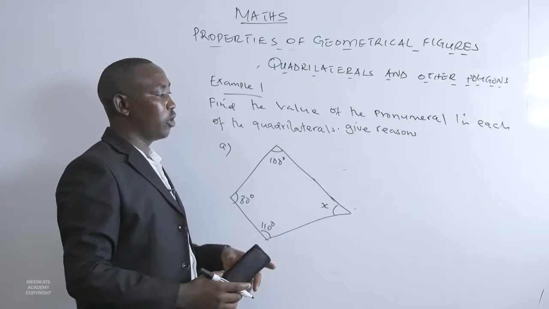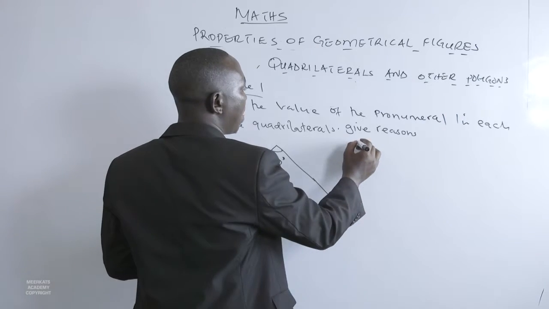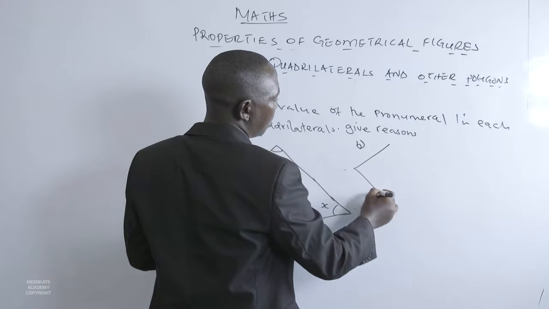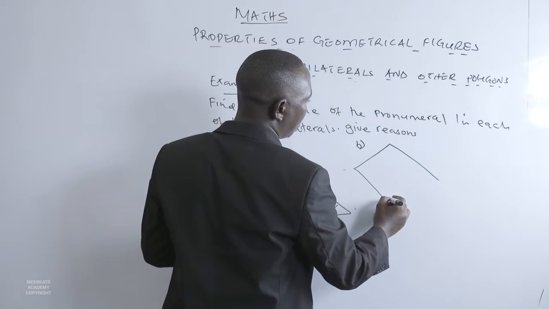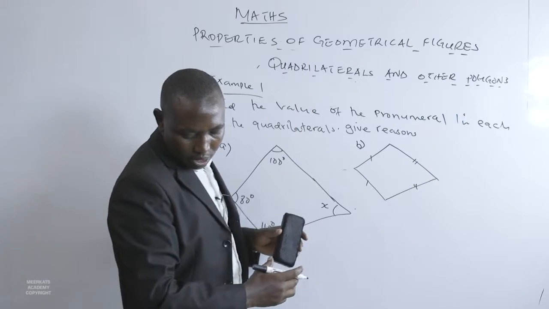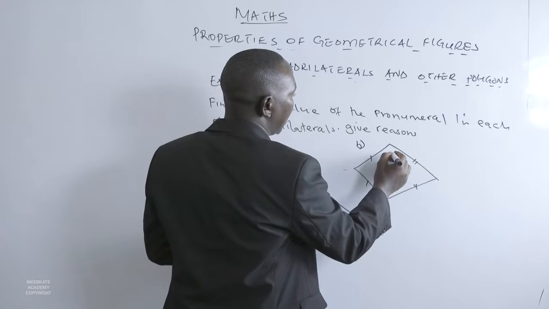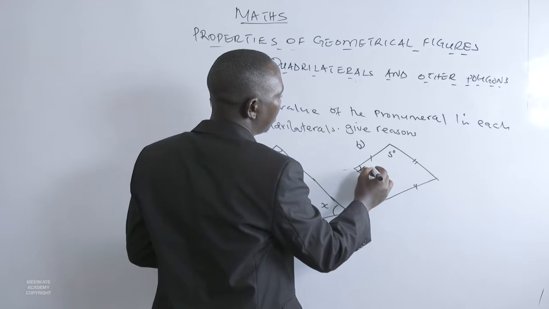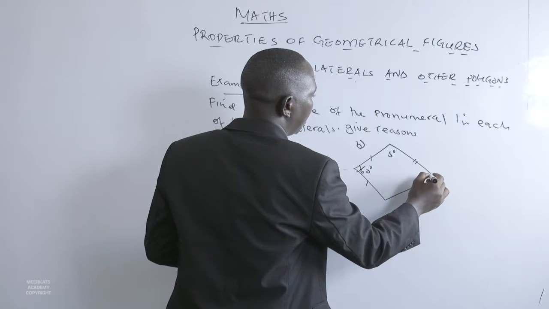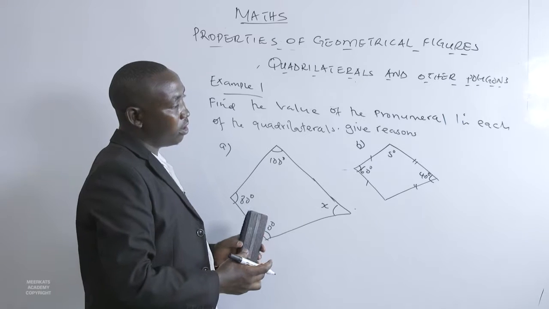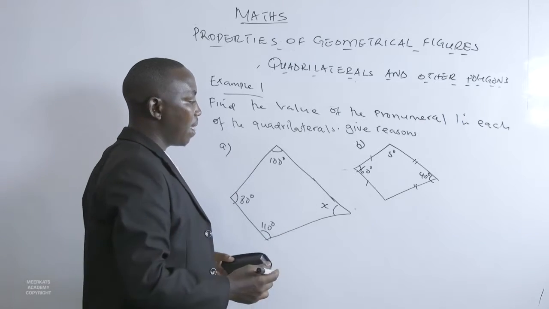So this is the pronumeral that we are interested in. Part B, we have a kite. We are told that this is S degrees, this is 60 degrees, and this is 40 degrees. So that means we are supposed to look for S.